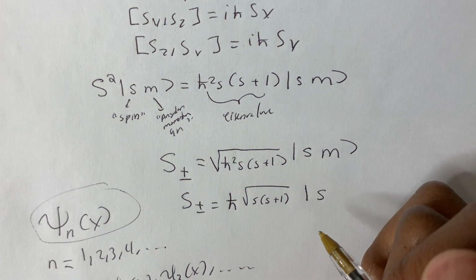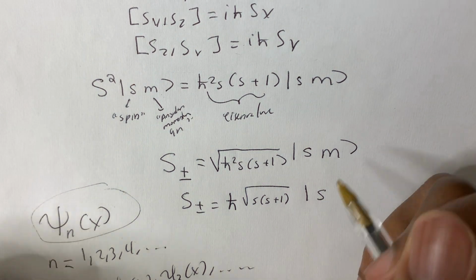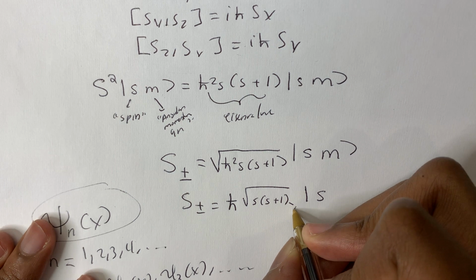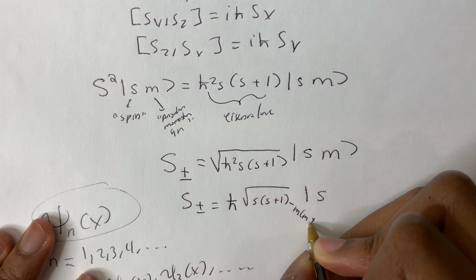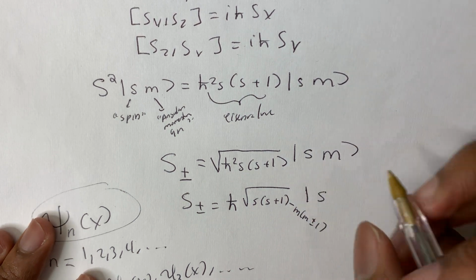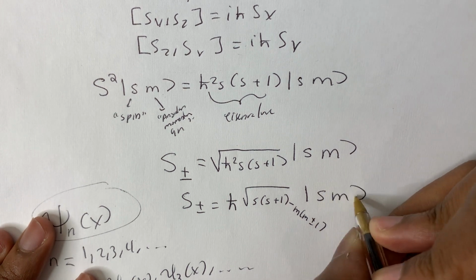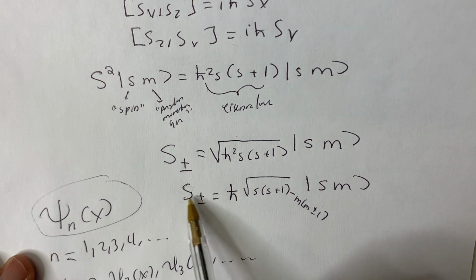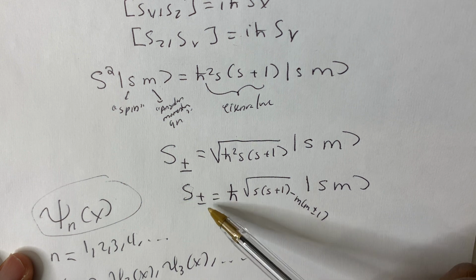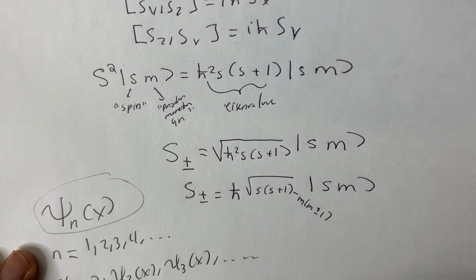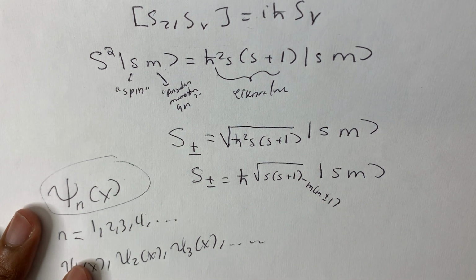Actually, I think there should be an extra term here. There should be a minus m times m plus or minus 1 term here, then times s m, and this is what we call the s plus or minus operator, and it comes from this plus or minus m.